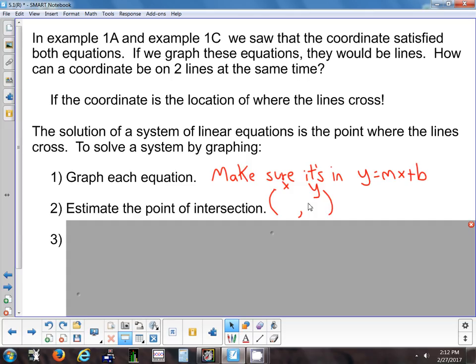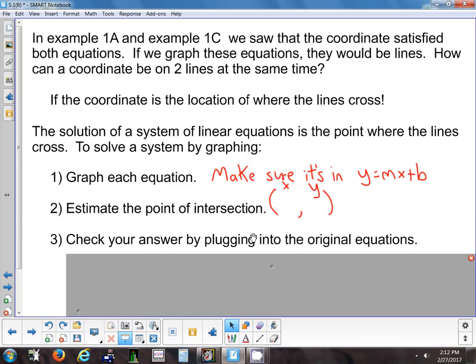So we'll look at our graph and see where they cross. What point is that? Remember, we look at the x first, and then go to the y. See what it is on the x-axis first, then see what it is on the y-axis next. That point is going to be where it is. Then we'll check our answers. We're going to plug the x in, whatever number x is, into x in both equations.